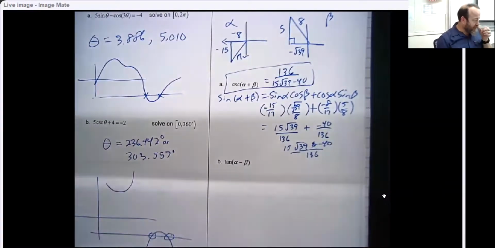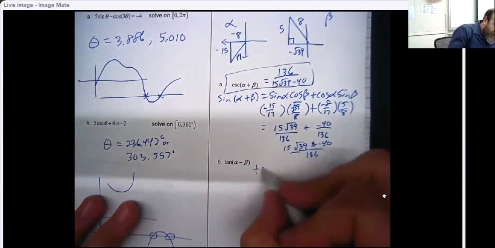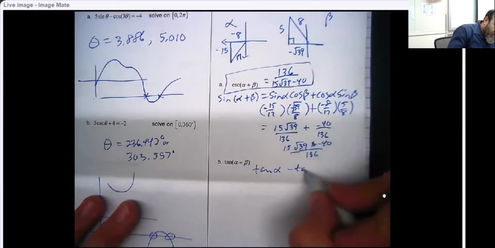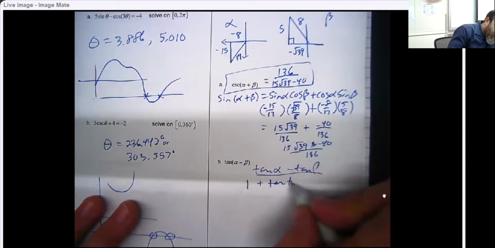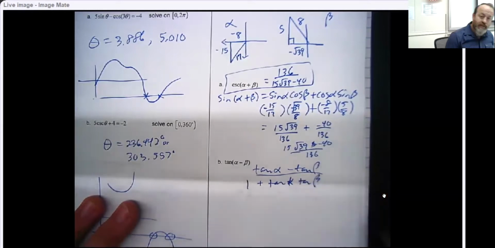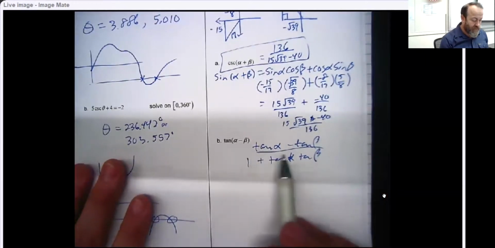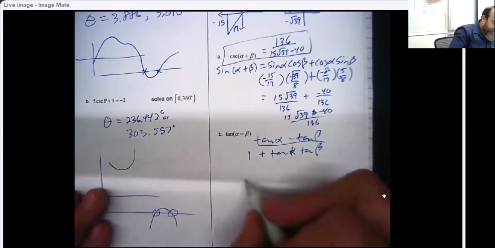And then my last one, of course, is the tangent of alpha minus beta. We go ahead and write our formula in. And this is a hard part for a lot of people about the tangents, is when you subtract in the tangent, you have a minus on top and a plus in the bottom.